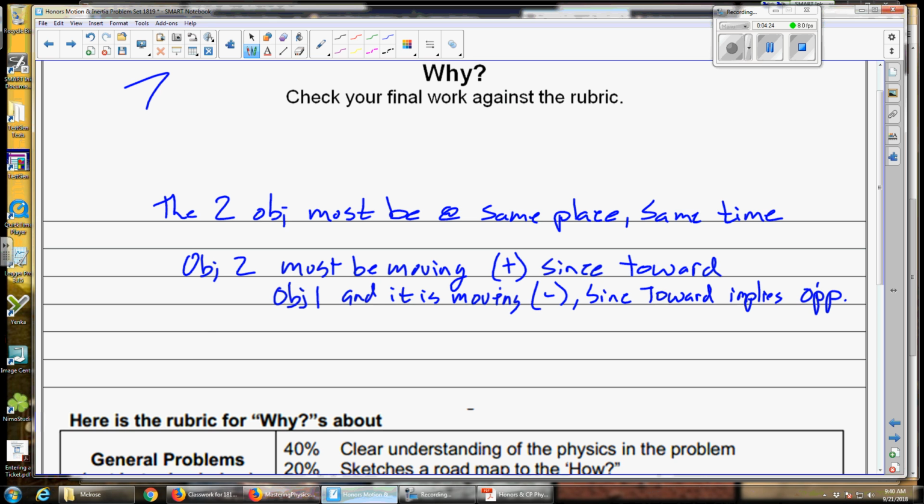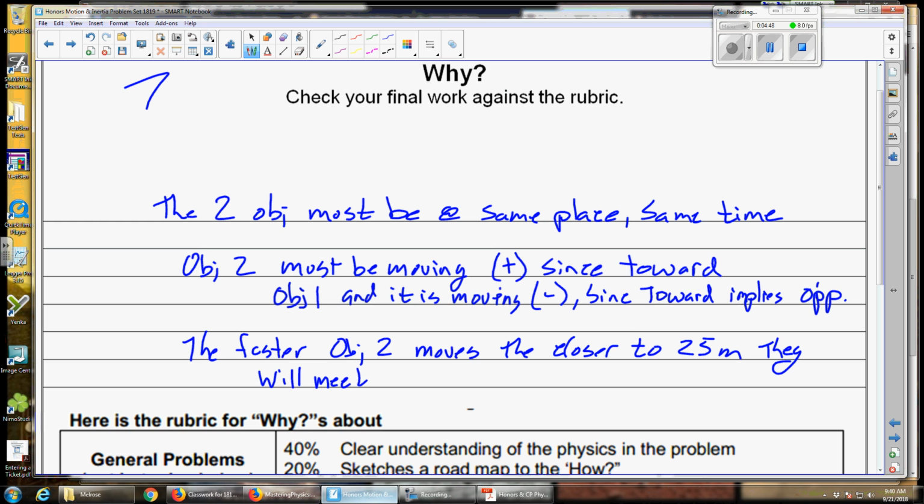Oh, I know what I might add. How about the faster object 2 moves, the closer to 25 meters they will meet, and in less time.